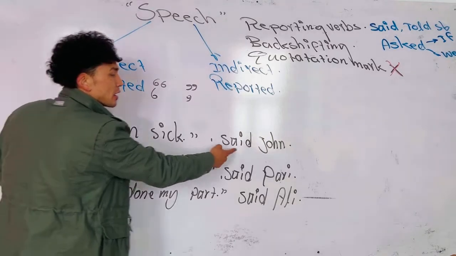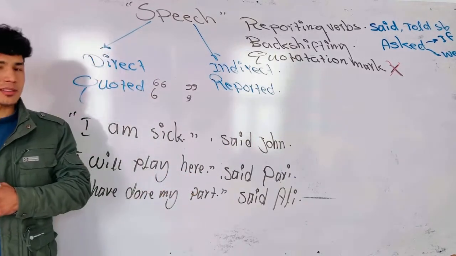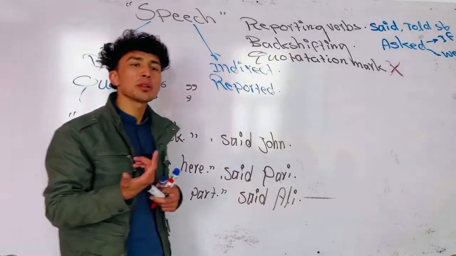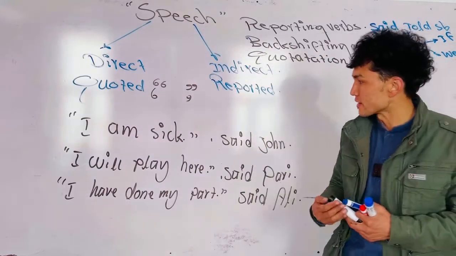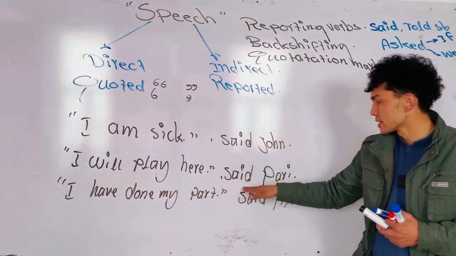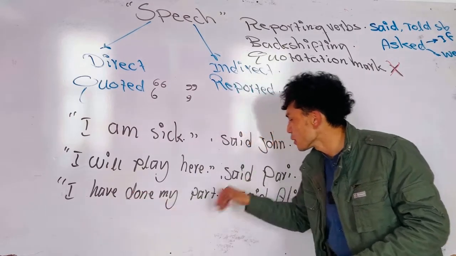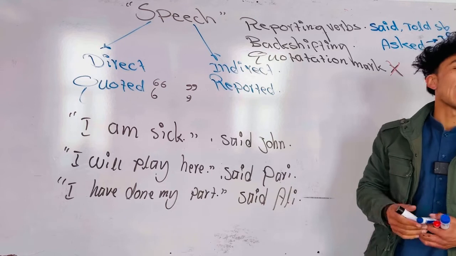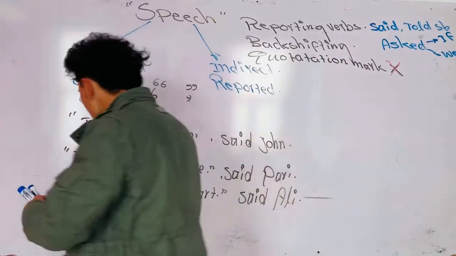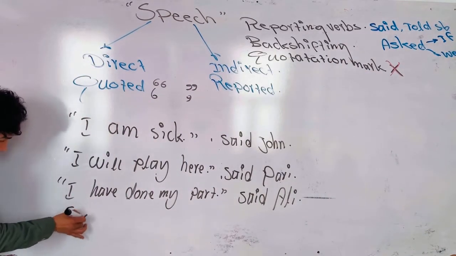I am sick, said John. What tense is it? Simple present. I will play here, said Patty. Simple future tense. I have done my part, said Ali. Present perfect tense.